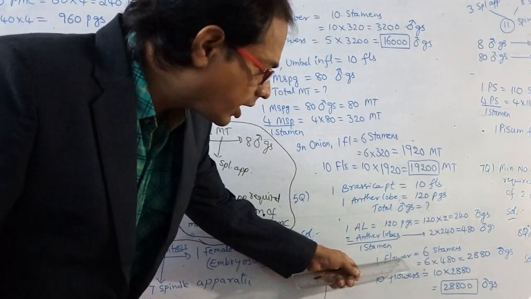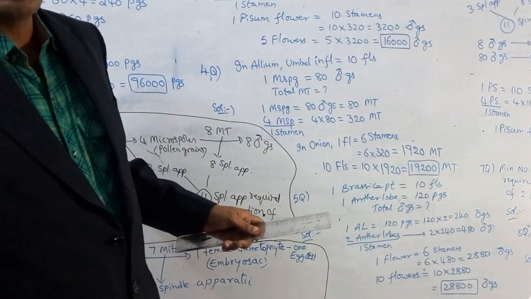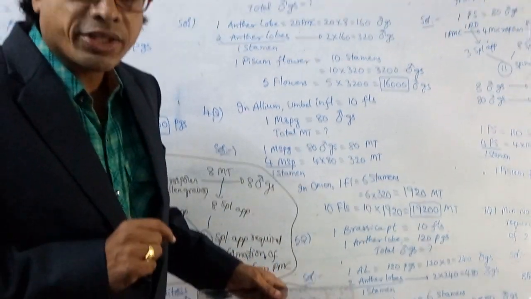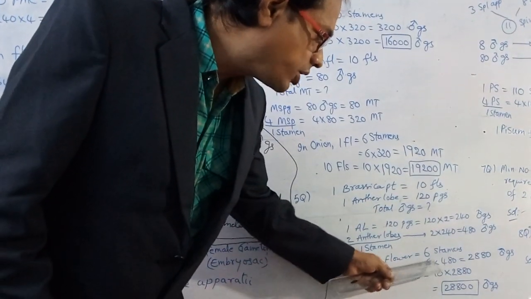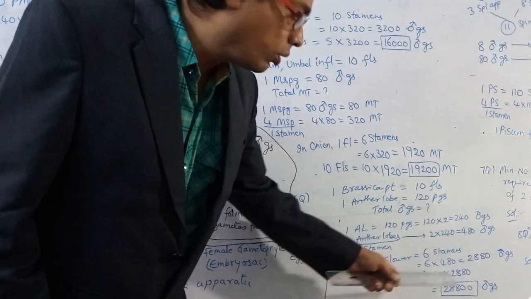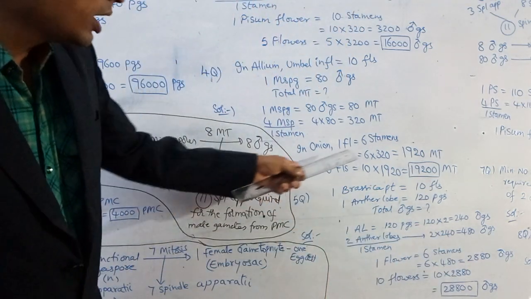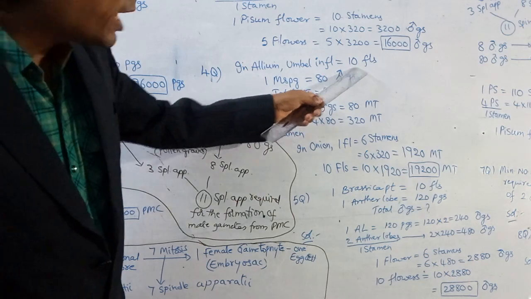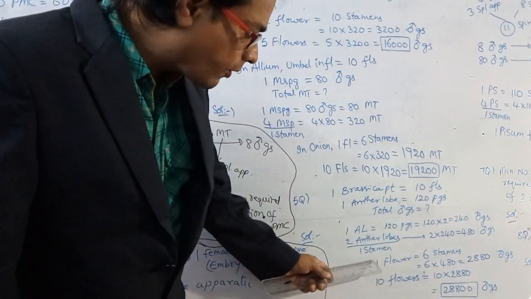So one flower contains 6 stamens in Liliaceae. Each flower contains how many stamens? 6 stamens. So 6 stamens means 6 into 480, that is equal to 2880 male gametes. So they are asking for how many flowers? 10 flowers. So we calculated for one flower.